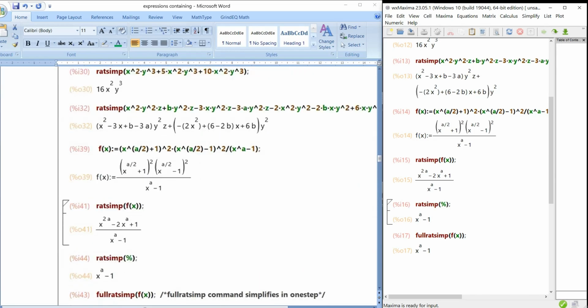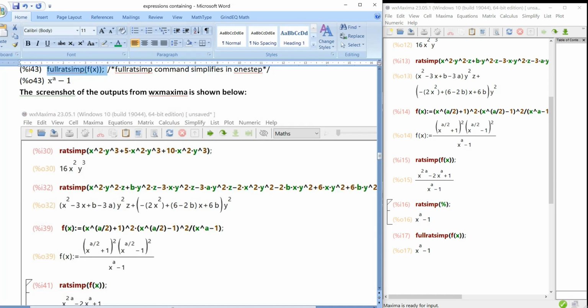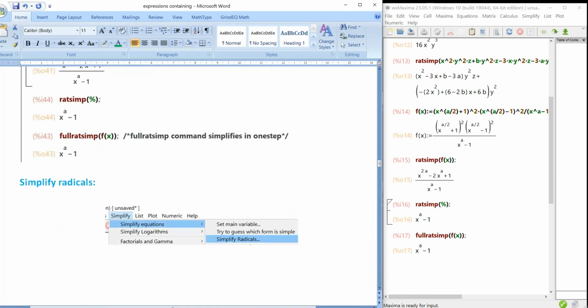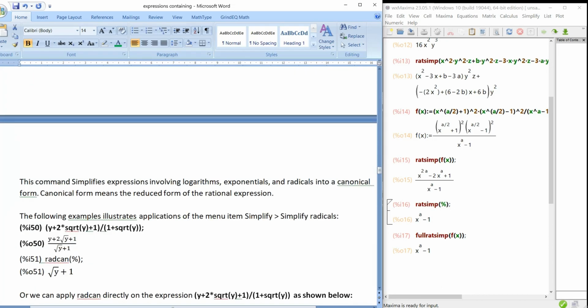Clear? Got my point? So you can see on the left portion of the screen, the screenshot is attached for your convenience and reference. Next is simplify radicals. This command simplifies expressions involving logarithms, exponentials and radicals into a canonical form.